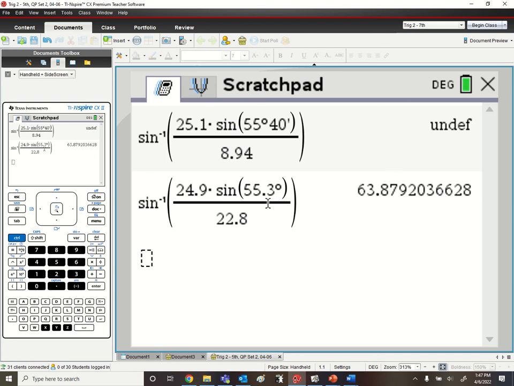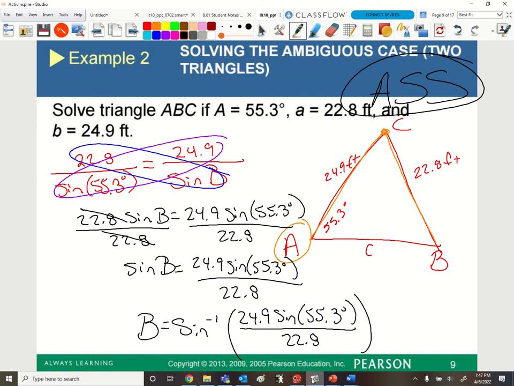Now the problem with this is that the largest angle doesn't go with the longest side.